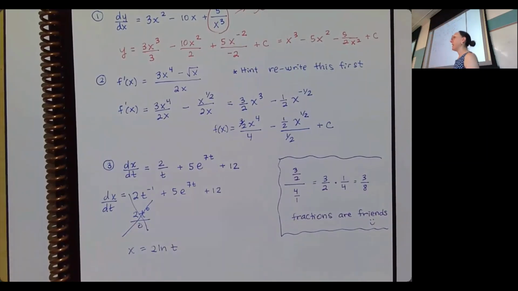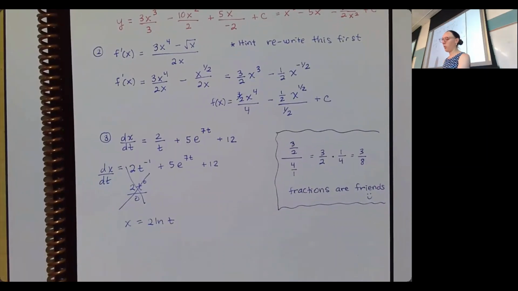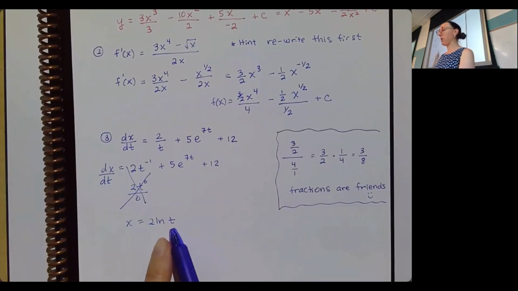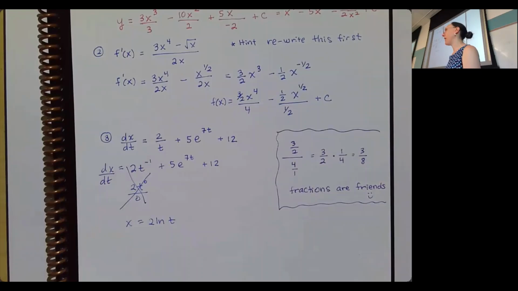Now there's a catch, and I know that you all talked about this in lecture. The catch here is that what sorts of values am I allowed to plug in to a natural log? Yeah, can I plug in 0? So just positives. I can only plug positive values in. The issue is that the function 2/t has a domain that includes negative numbers and positive numbers, just not 0.